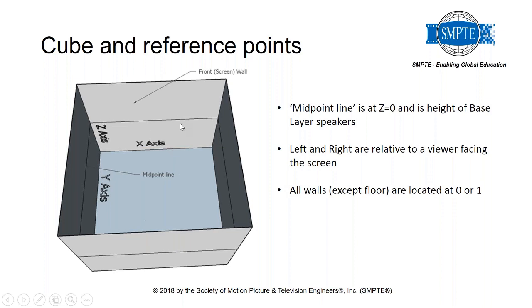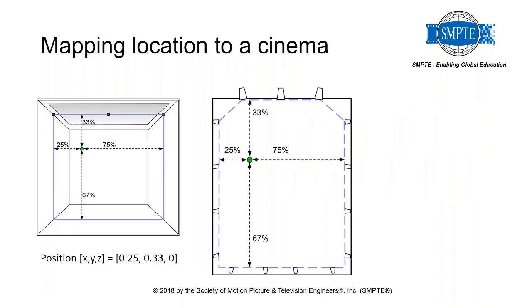So here's 0 height, 1 height at the ceiling, 0 horizontal, 1 horizontal, and 0 depth and 1 depth for the back wall. These are all, of course, not really important. You could use any set of numbers for these reference points, but that's the way it works in this case. So when you see numbers between 0 and 1, it'll give you some idea of where they're located in this ideal cube.